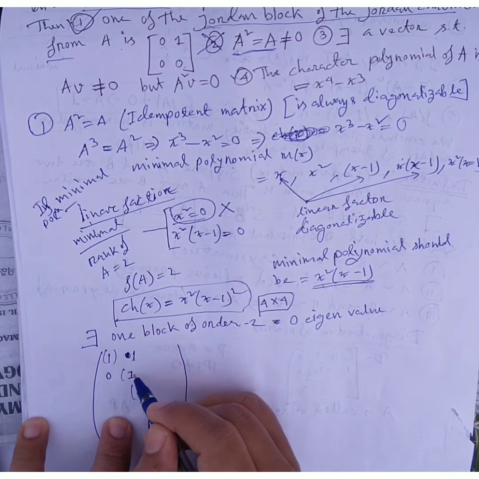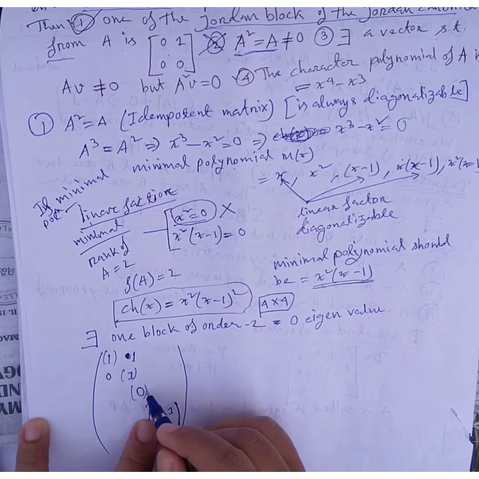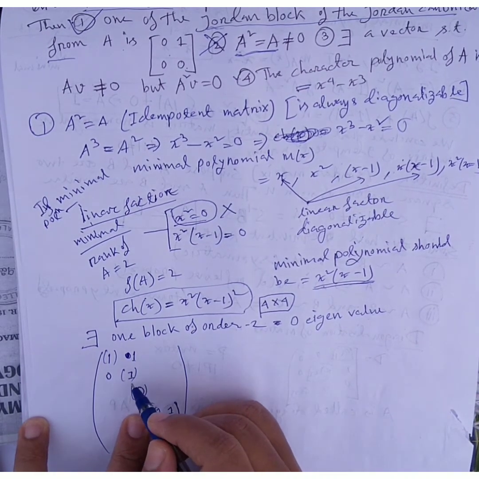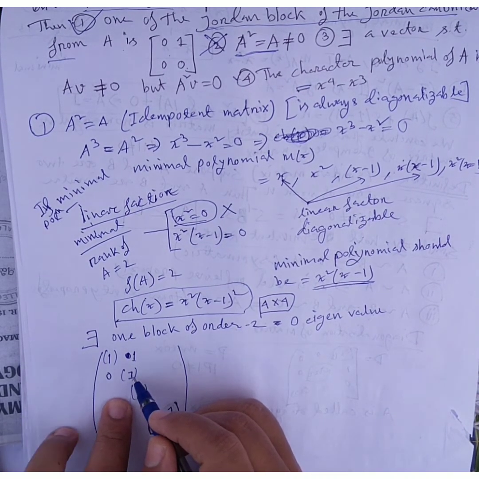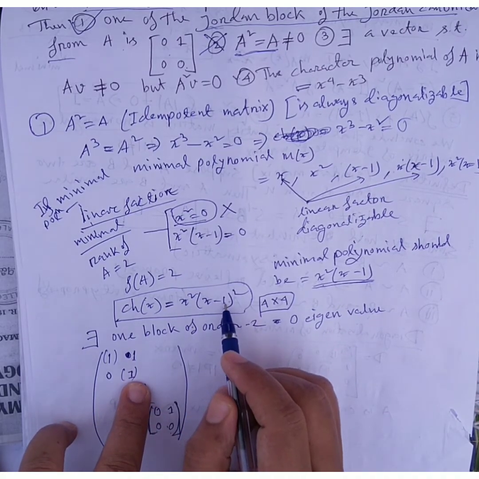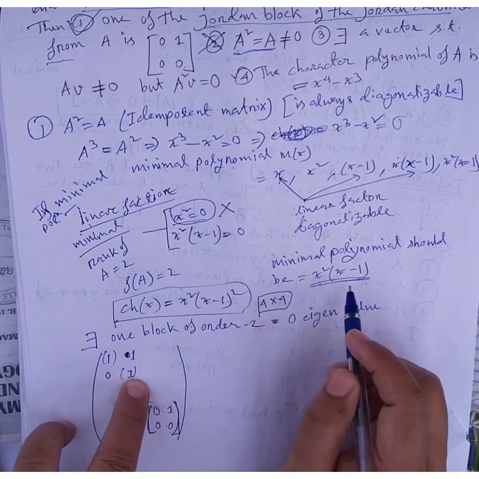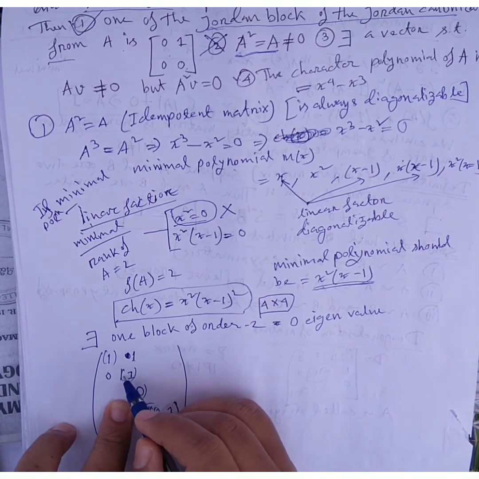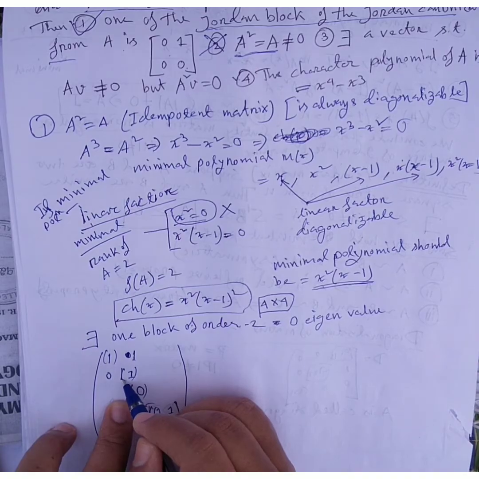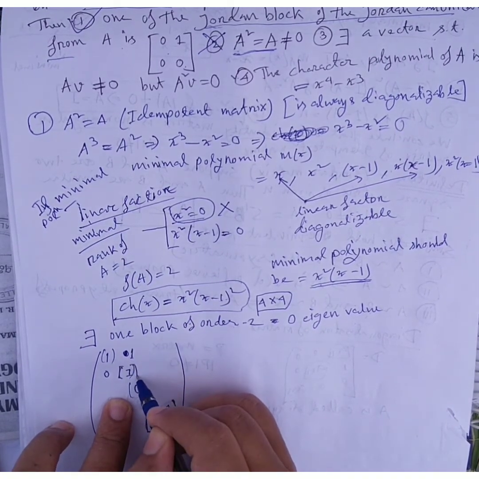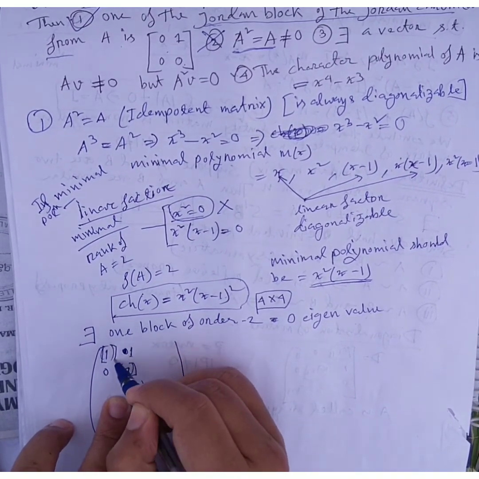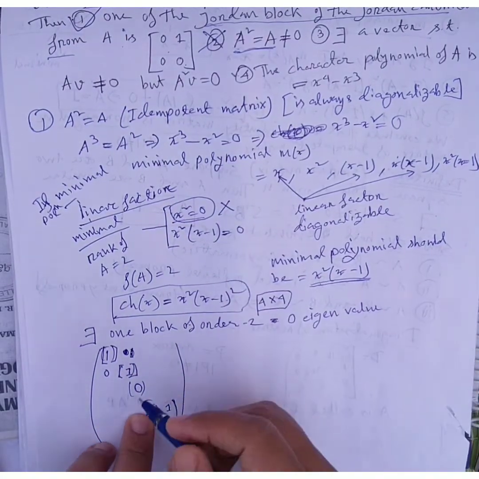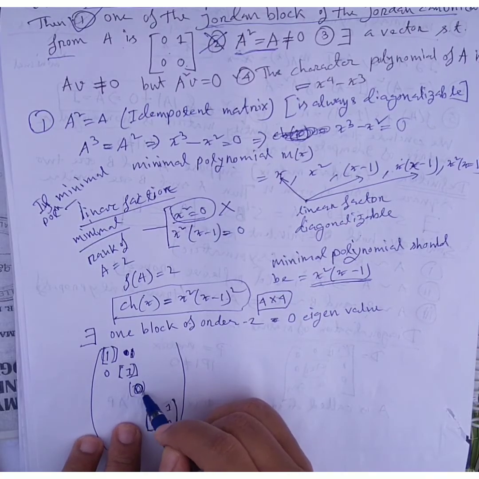Here my Jordan block is for x square into x minus 1. This is my possible Jordan block.